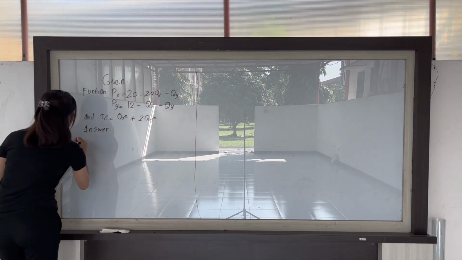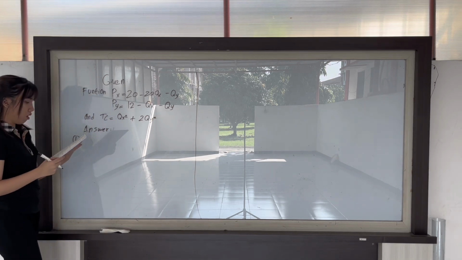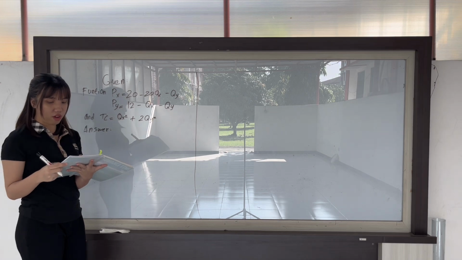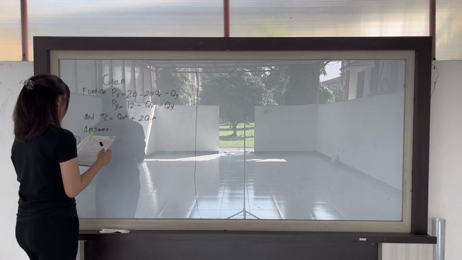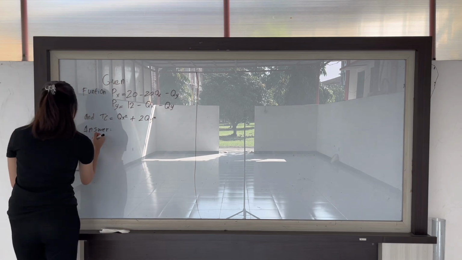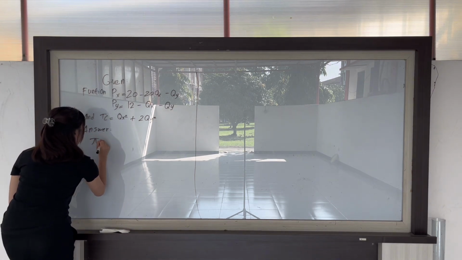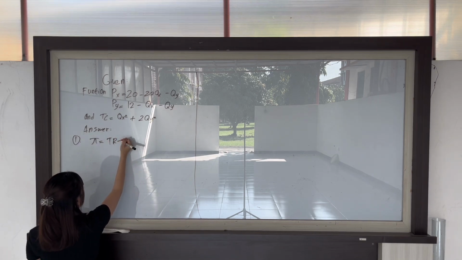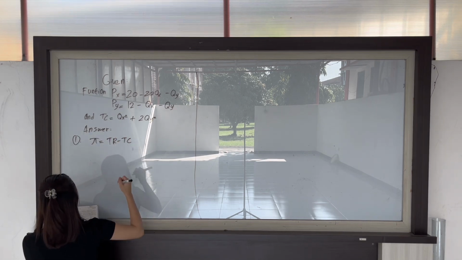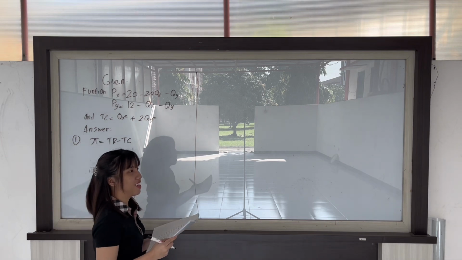For the first step, we have to find the profit function. The formula for the profit function is P equals TR minus TC.